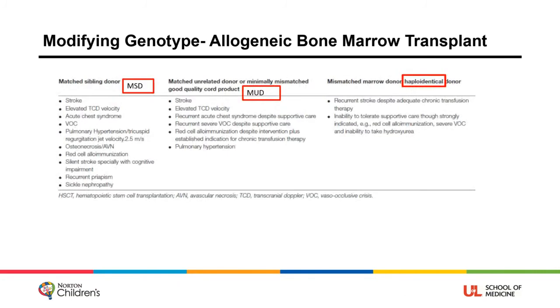This chart describes indications for transplant depending on the donor availability. Promising alternative donor sources, such as haploidentical family members, are being studied. There are also studies looking at the balance of the prep regimen used, whether it's myeloablative versus reduced intensity.